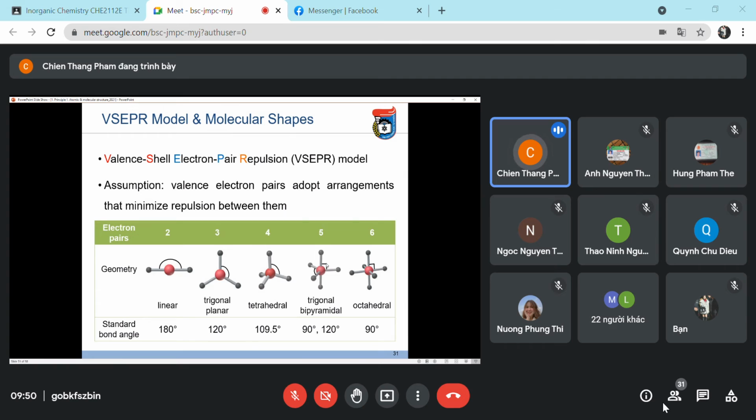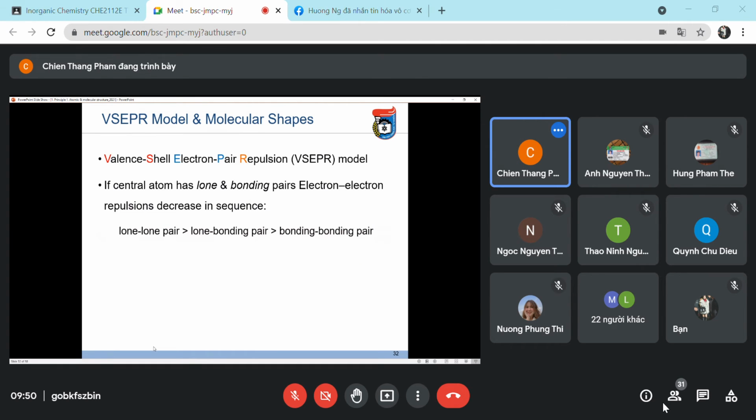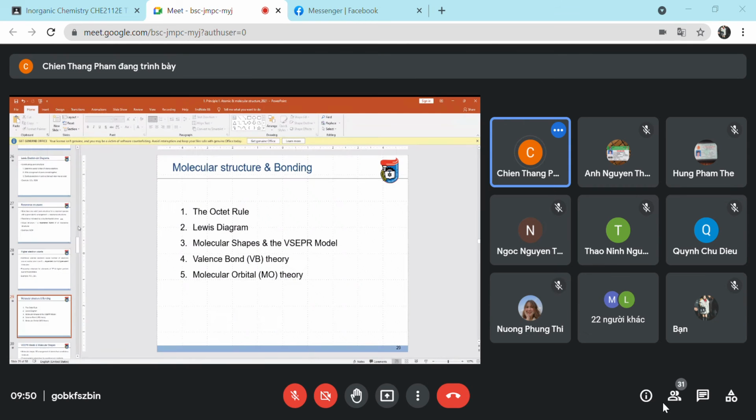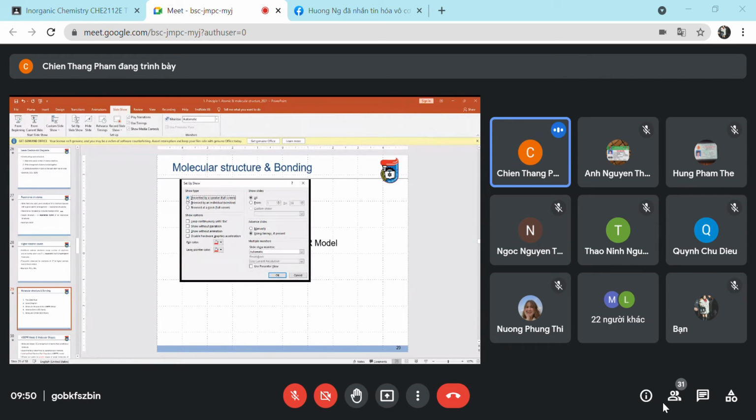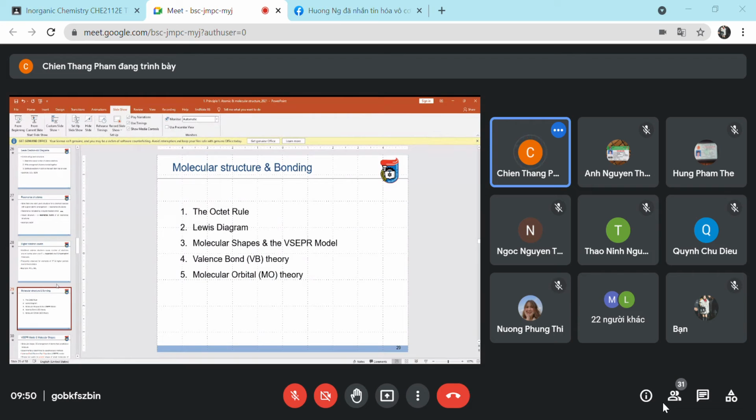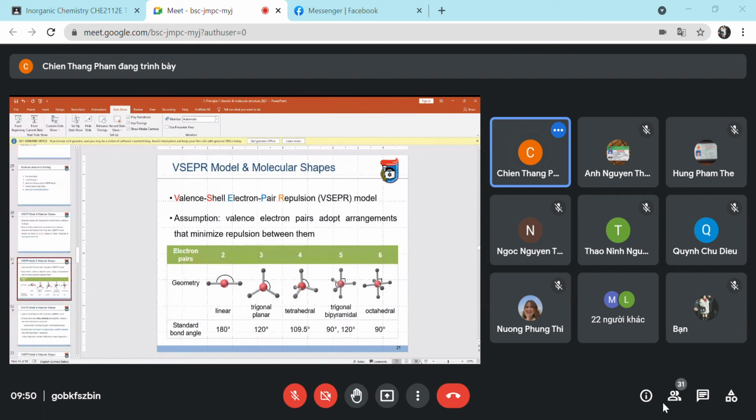And when the number of electron pairs increases to 5, the geometry is trigonal bipyramidal.